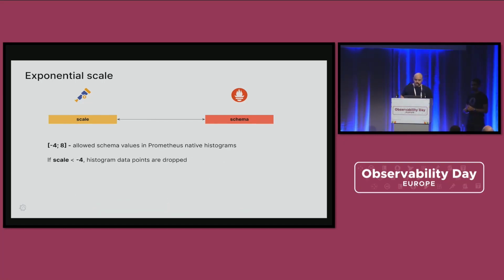If scale is less than -4, the histogram data points will be dropped. It was mentioning that the histograms with a scale that is less than -4 will result in really wide bucket ranges. And the practical use of such wide ranges is actually questionable.